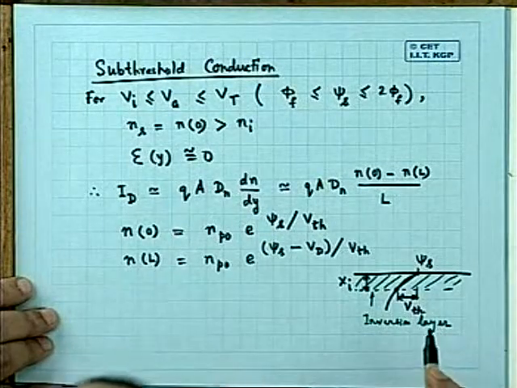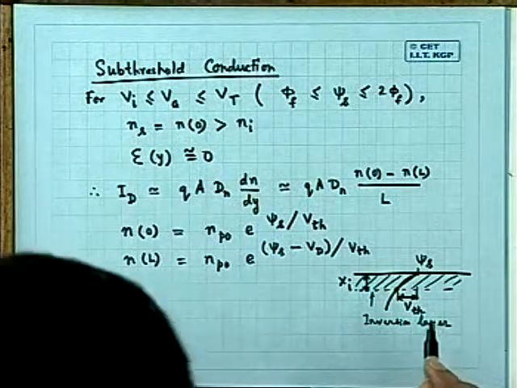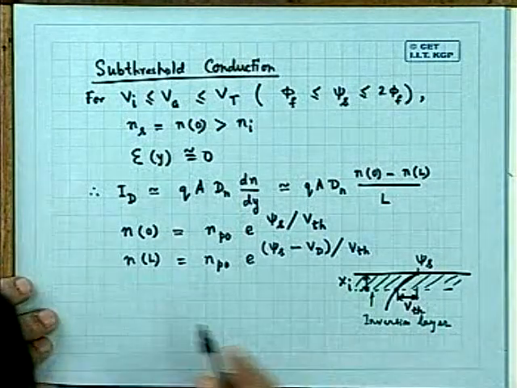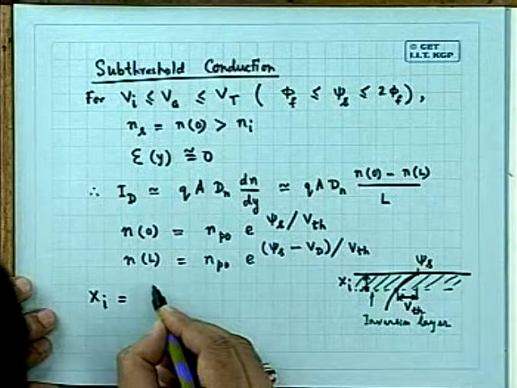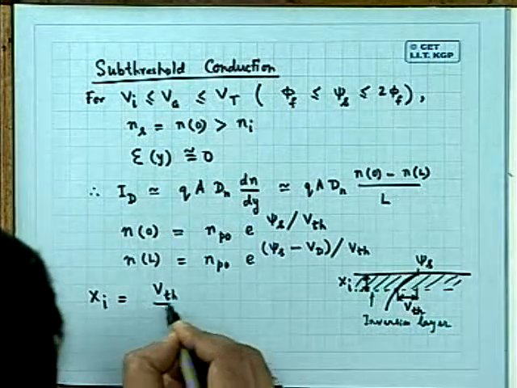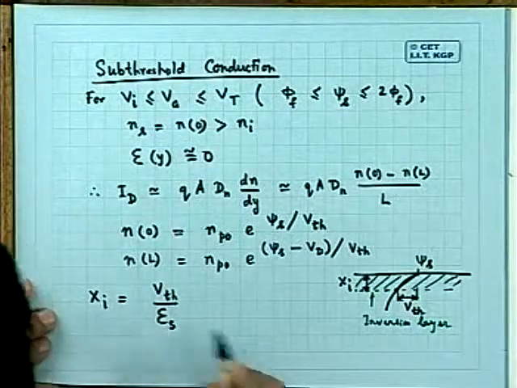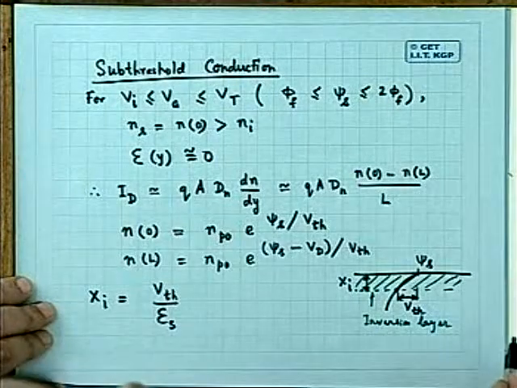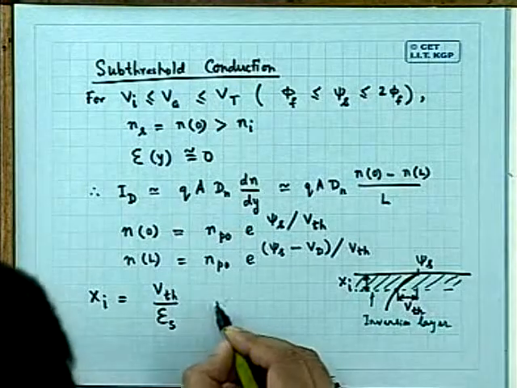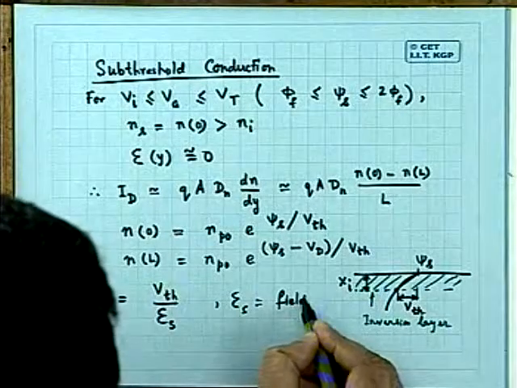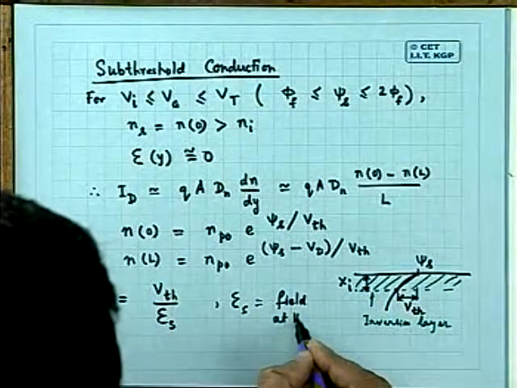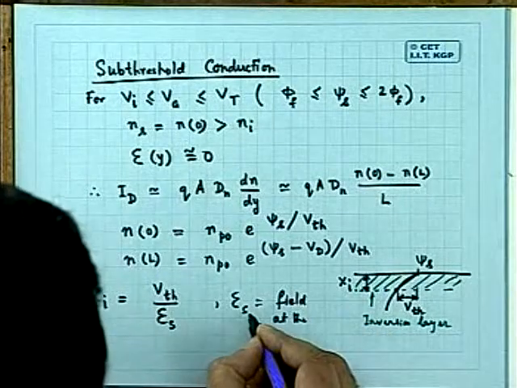VTH is a thermal voltage. Then this effective thickness of the channel can be written as VTH divided by the surface field epsilon s, a field at the surface.